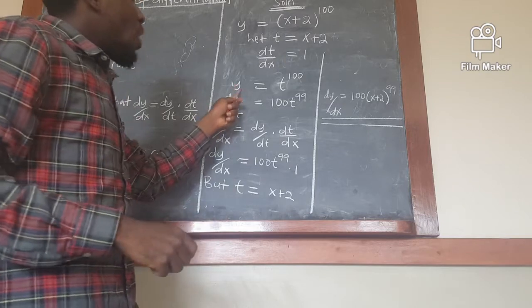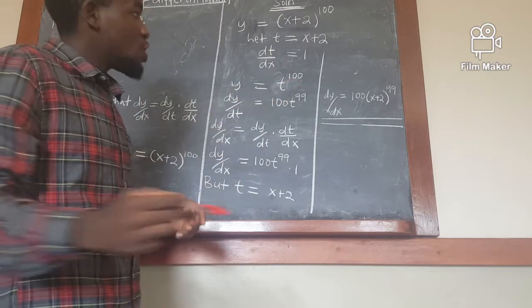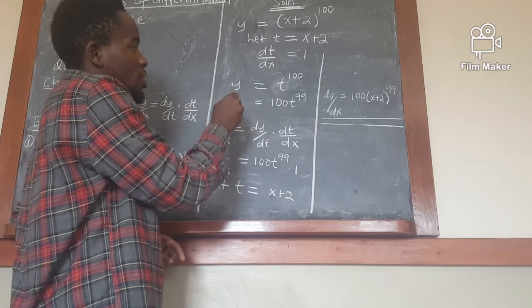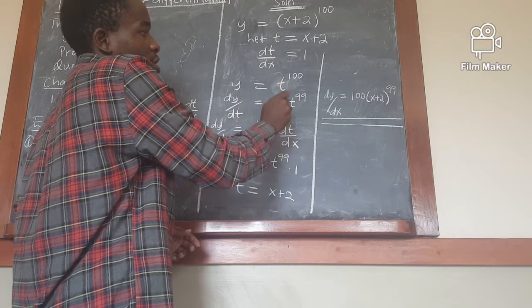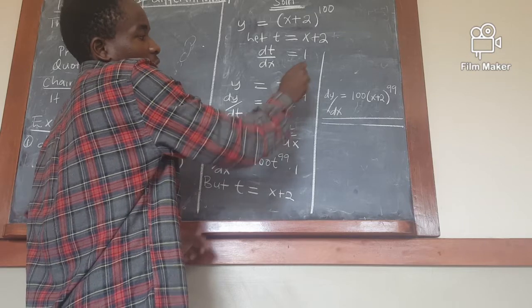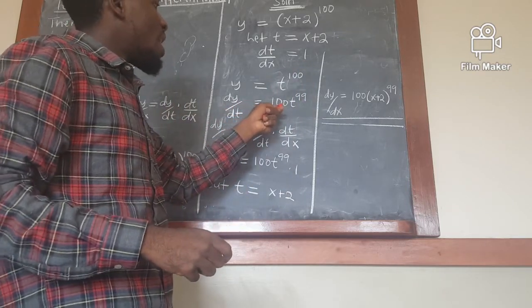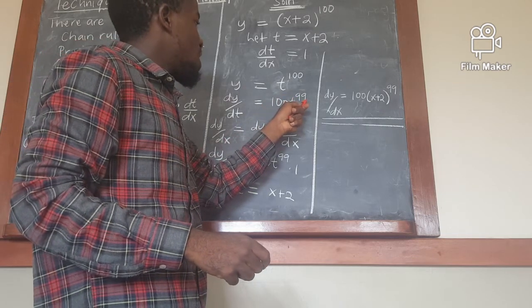So we are having y is equal to t power 100. So we are going to differentiate y in respect to t, dy dt. We drop the power, which is 100, times the original, but reduce the power by 1. It is going to be dy dt equal to 100 t power 99.